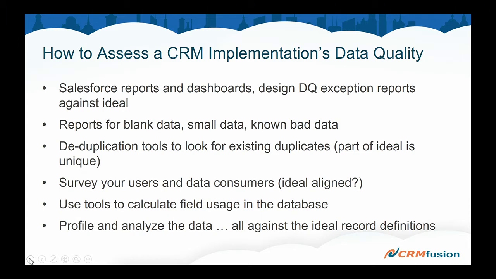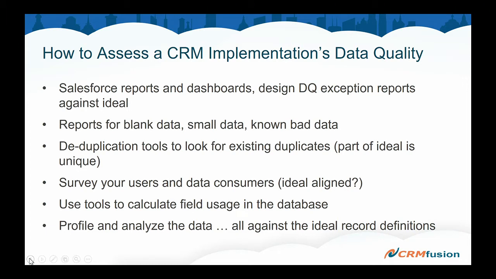If my ideal definition is CA, I want to run the report for all the California accounts that say California. I want to run the report that says CAL and CALF to get the ones that aren't meeting my ideal standard. How about reports for blank data? I want a report of all the accounts that don't have a state. That's for blank data, for known bad data.